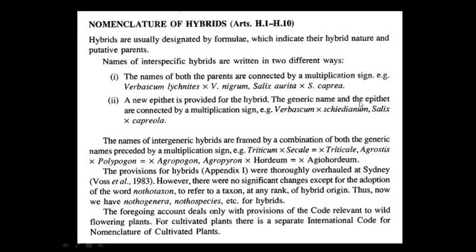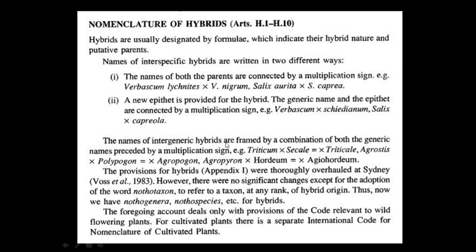So this is a new specific epithet given for the hybrids between these two species. Salix × capreola instead of Salix aurita × Salix caprea. So these are the methods by which interspecific hybrids are represented.